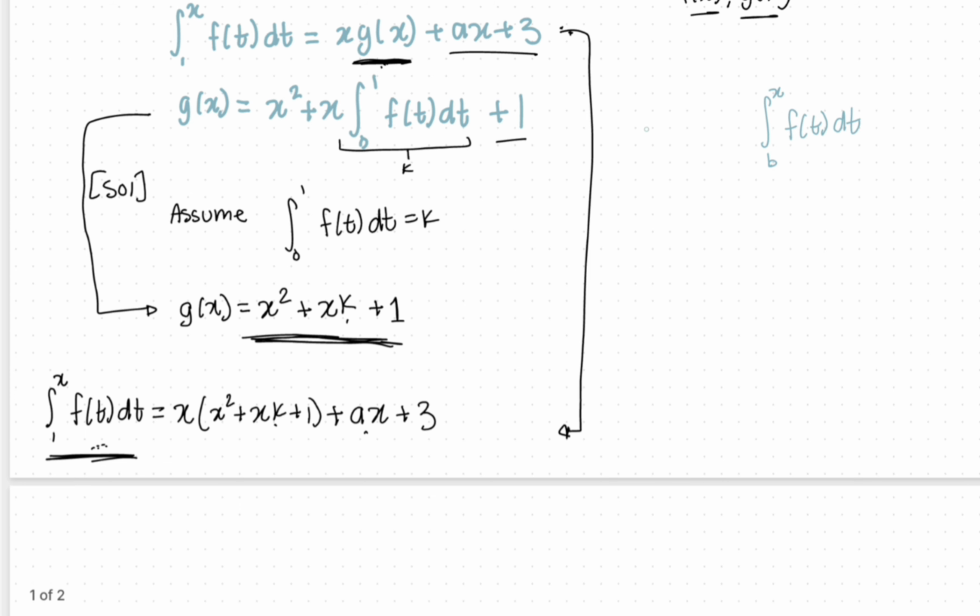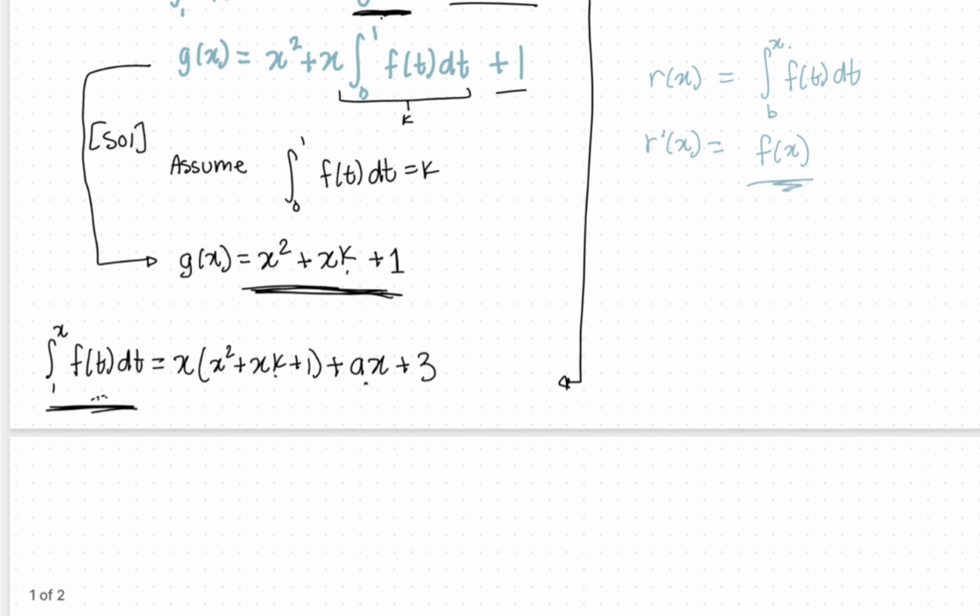If, let's say, r of x was equal to the integration from b to x of f of t dt, then r prime of x is equal to f of x. Just replace that t with x, only when you're differentiating, though. Don't do it when you're just solving the integral. That's completely wrong.